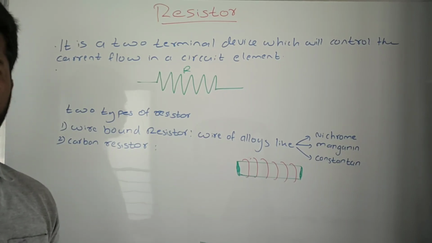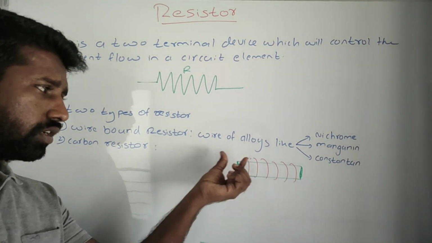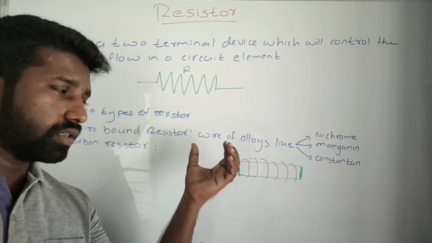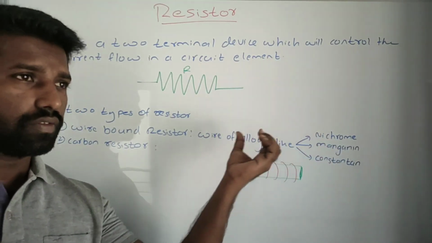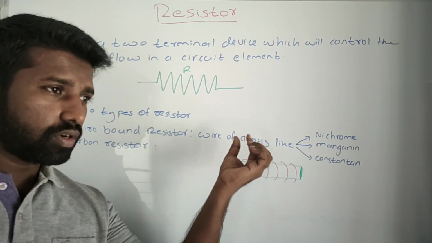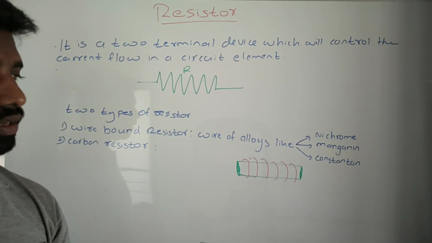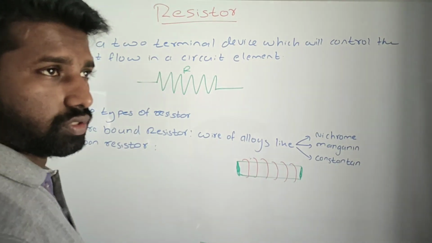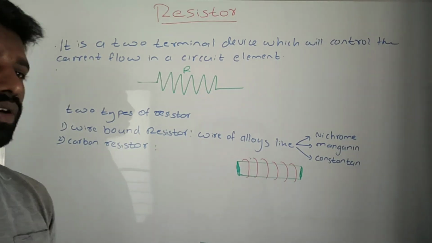I think everybody saw the rheostat in the lab. There is a sliding contact over it. If it moves more distance, the current flow will be reduced. So the rheostat is an example of a wire bound resistor. That is all about the wire bound resistor.